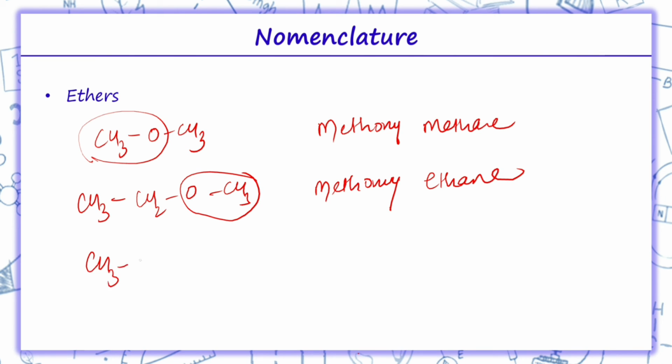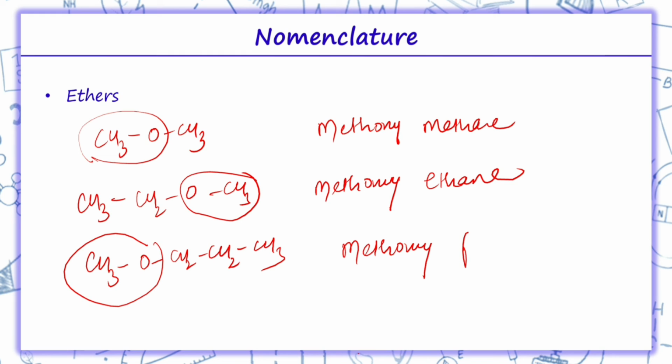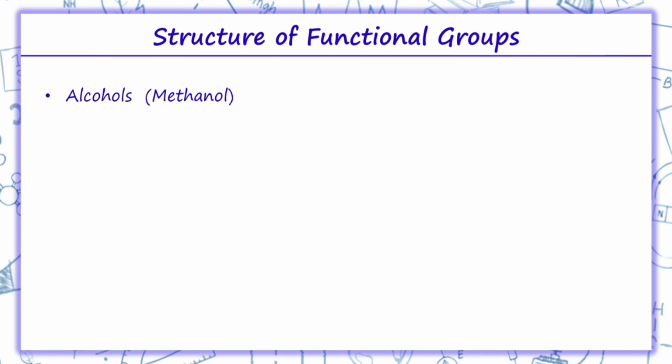Similarly, we have CH3OCH2CH2CH3. Again it will be methoxypropane. This is how ethers are named.